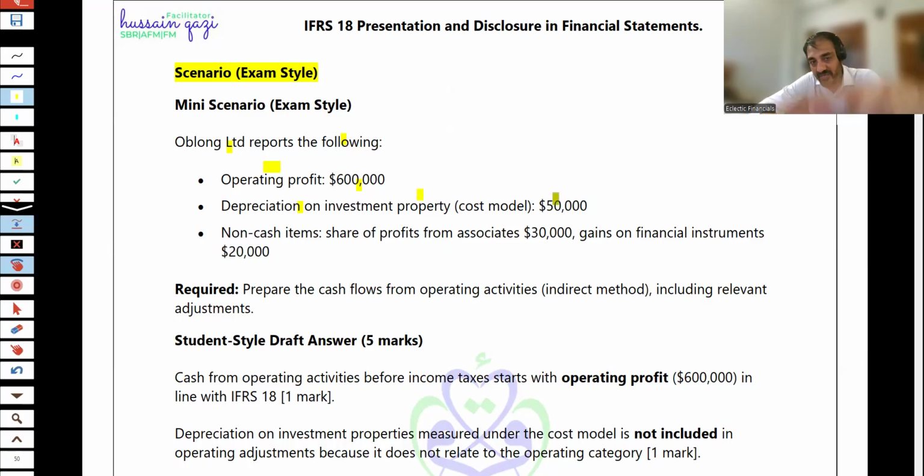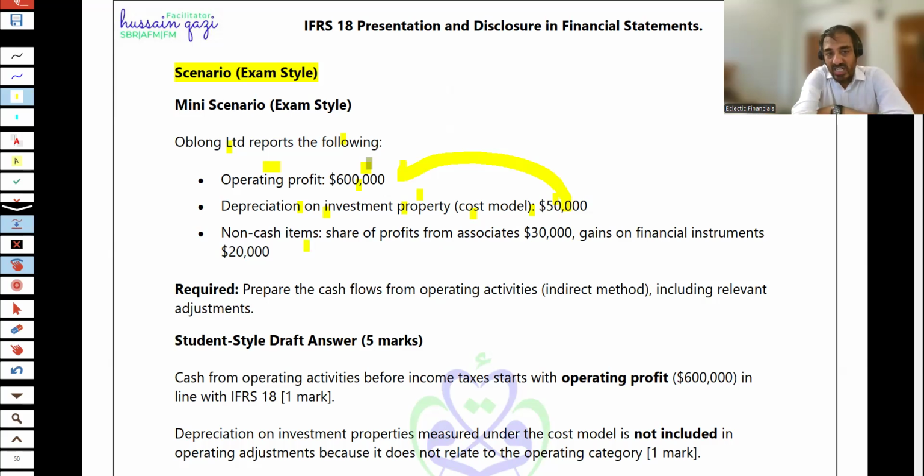Depreciation on investment property 50,000, cost model. Does that affect the main P&L? No, it's already parked to the investing category. So if we are working with the cash flow, do we need to make any adjustment to the operating profit? No.